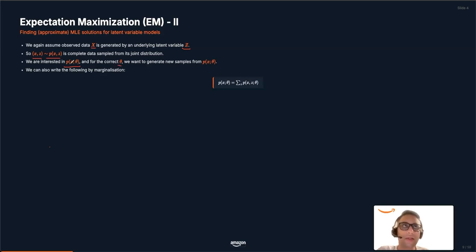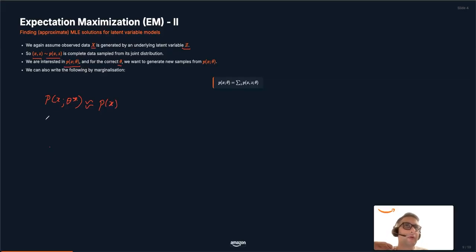Once the correct theta has been found, P of X given theta basically mirrors the actual P of X. So we have two requirements. We want P of X given theta star, the ideal theta that we have found, to be almost the same as P of X, the true distribution.